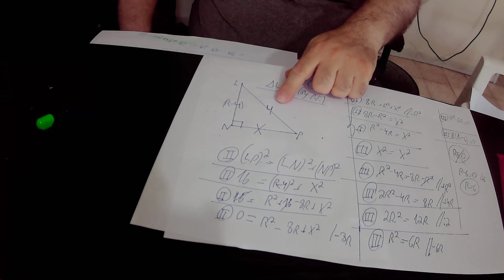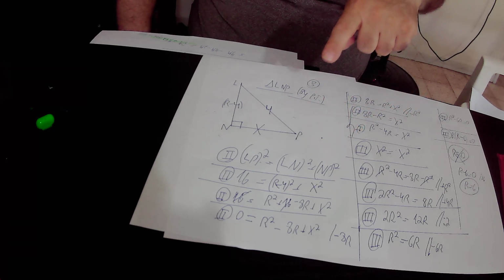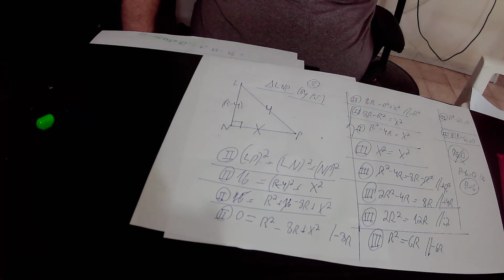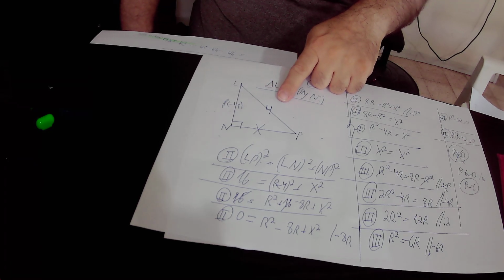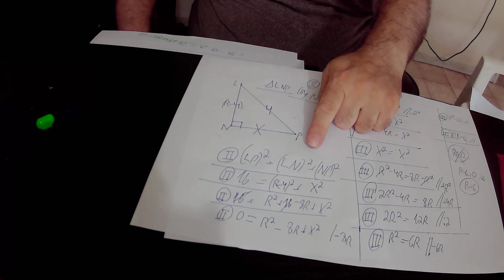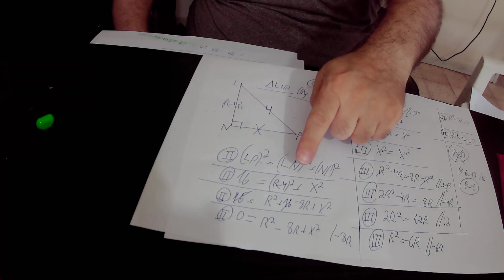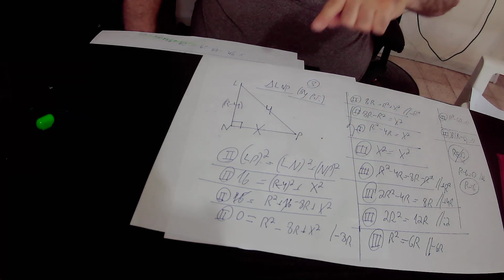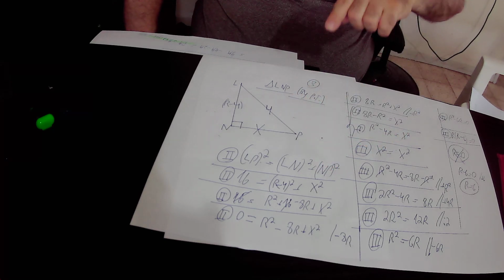LP equals 4, so LP square is 4 squared, that is 16. That is equal to LN square. LN equals capital R minus 4, so LN square will be equal to capital R minus 4 square plus NP square. NP equals x, so NP square equals x square.